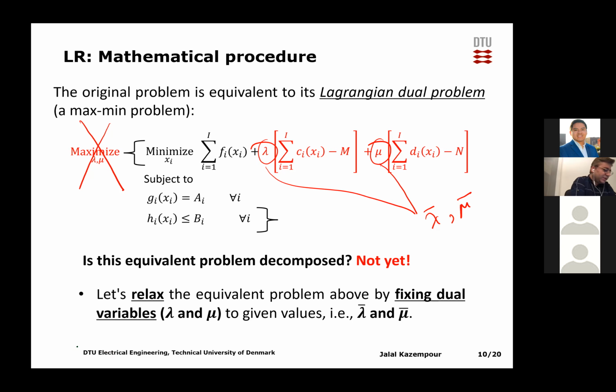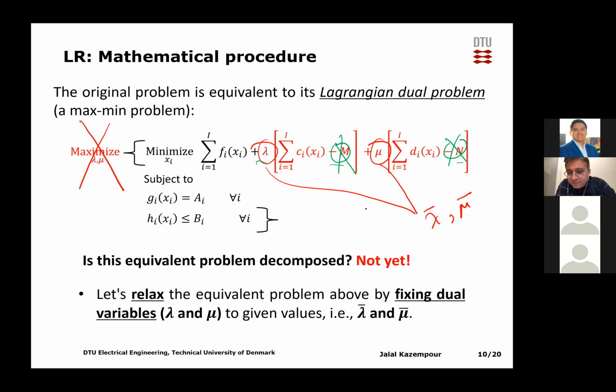Yes. What about m and n? Now they are constants. Lambda is constant, m and n are constant, so we can remove them, right? Exactly. So we have one subproblem per i. By fixing lambda and mu, I can decompose this relaxed problem, one per i. Do you agree, Akilas? Yes, I agree. Good.